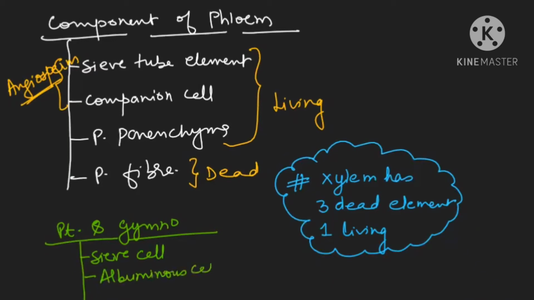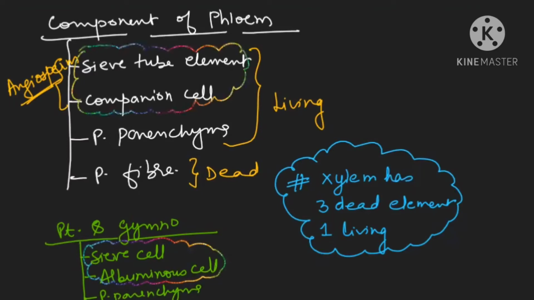The remaining will be the same. They'll be having phloem parenchyma and phloem fiber. Only difference is with respect to these two. They are having sieve cells and albuminous cells here, but here they are having sieve tube and companion cells.